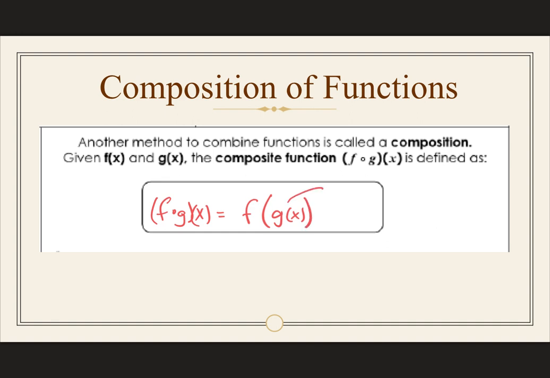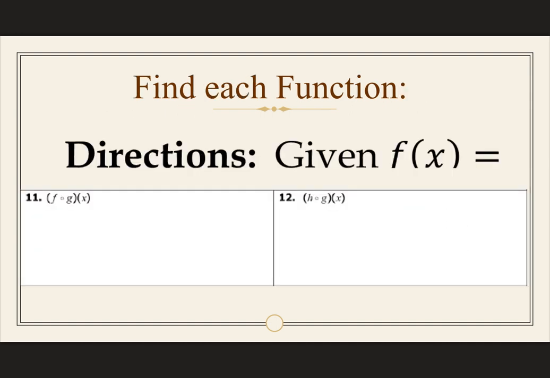So we're going to plug in g of x into f of x, or whatever function is on the outside. We start with the outside function, and inside of it we plug in g of x for the x. So let's look at what that looks like.